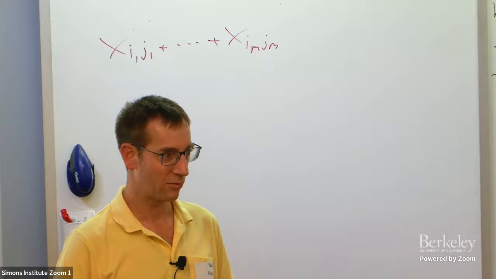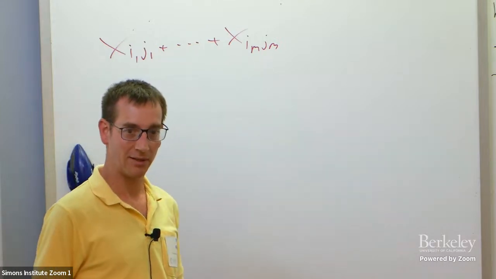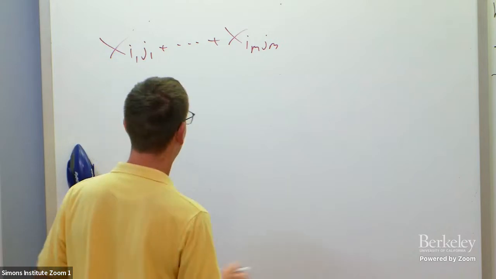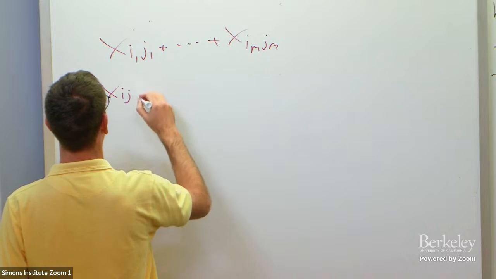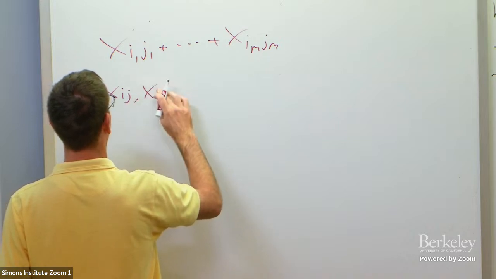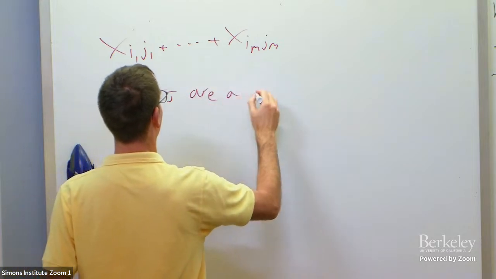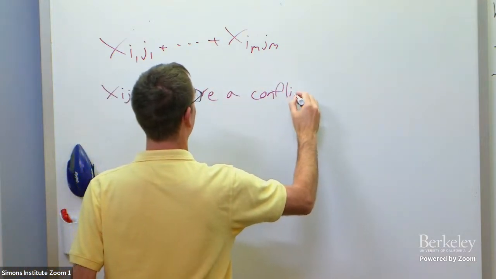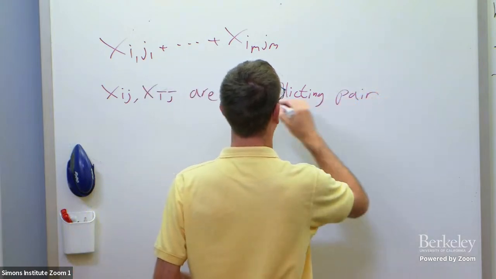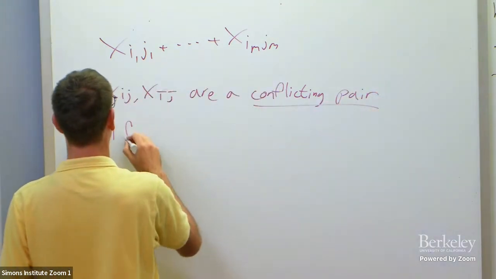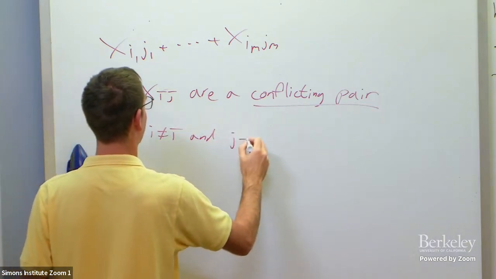For this to be non-Boolean, we need two of these summands which evaluate to 1 at the same time. So we will say that x_ij and x_{ī j̄} are a conflicting pair if i is different from ī and j is different from j̄.